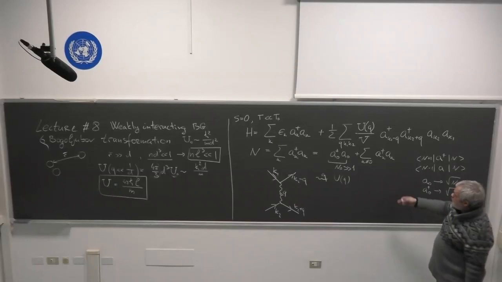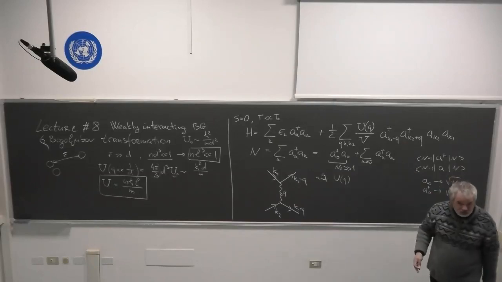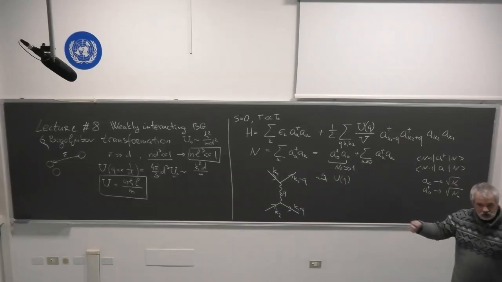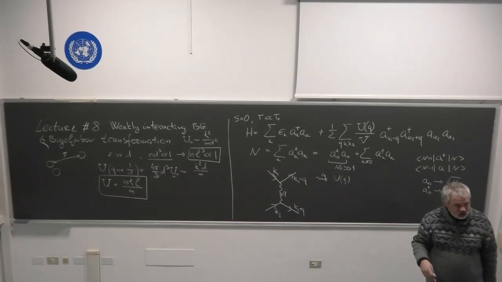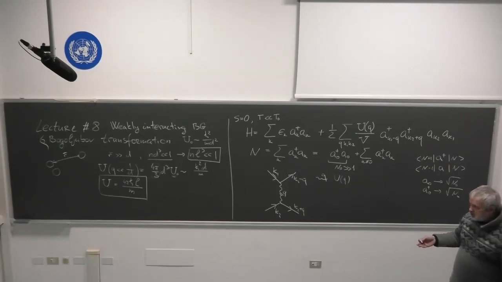Our Hamiltonian, which contains four creation and annihilation operators, will be reduced to a Hamiltonian which contains only products of two creation and annihilation operators. Therefore, we reduce our problem to a quadratic form. But the quadratic form which we will obtain is not yet diagonal.